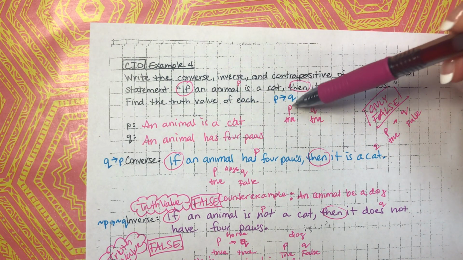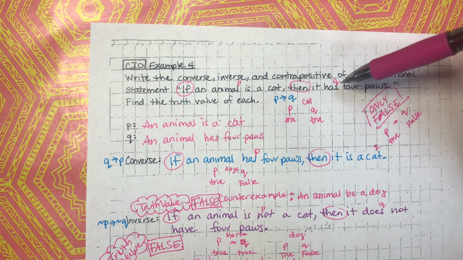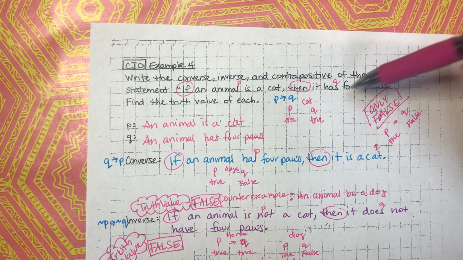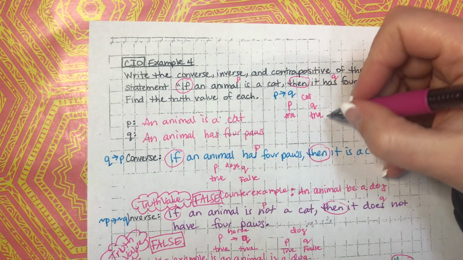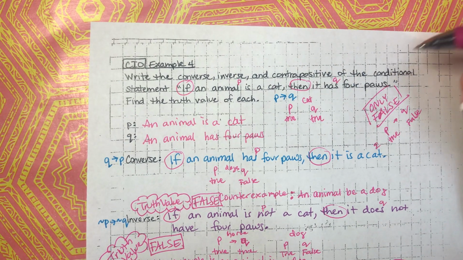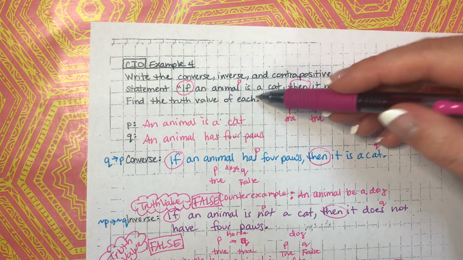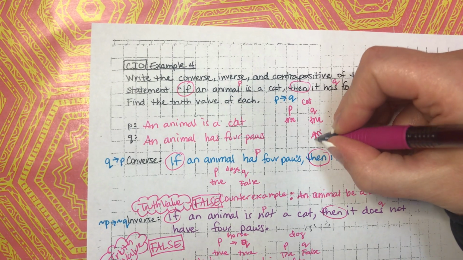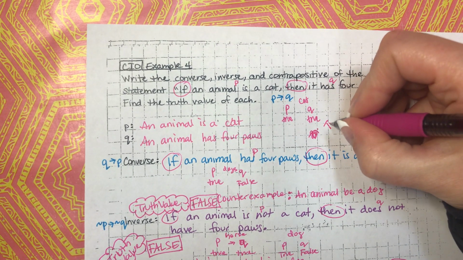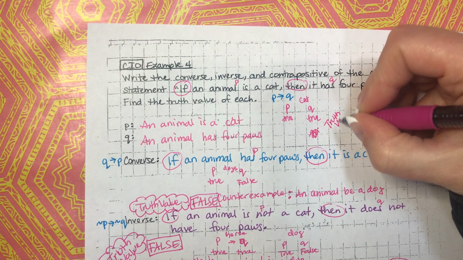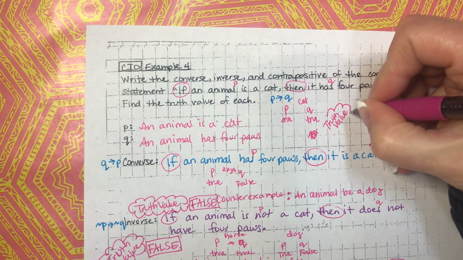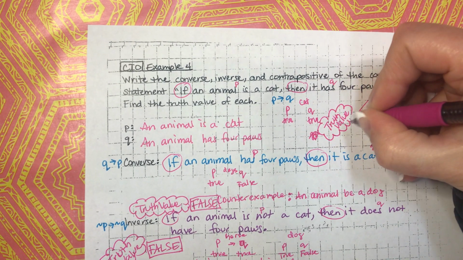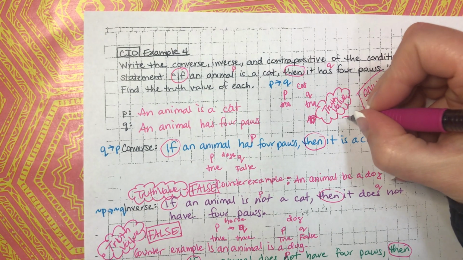So if an animal is a cat, that's true. Then it has 4 paws. That would be true. So I would say that this truth value is true. I can't think of a counterexample. Oh, that's not how you spell truth. Truth value is true.